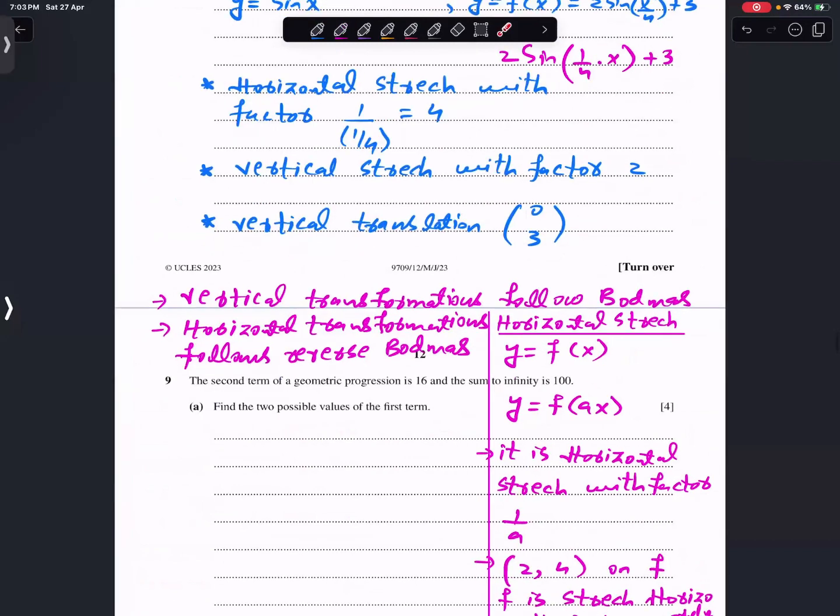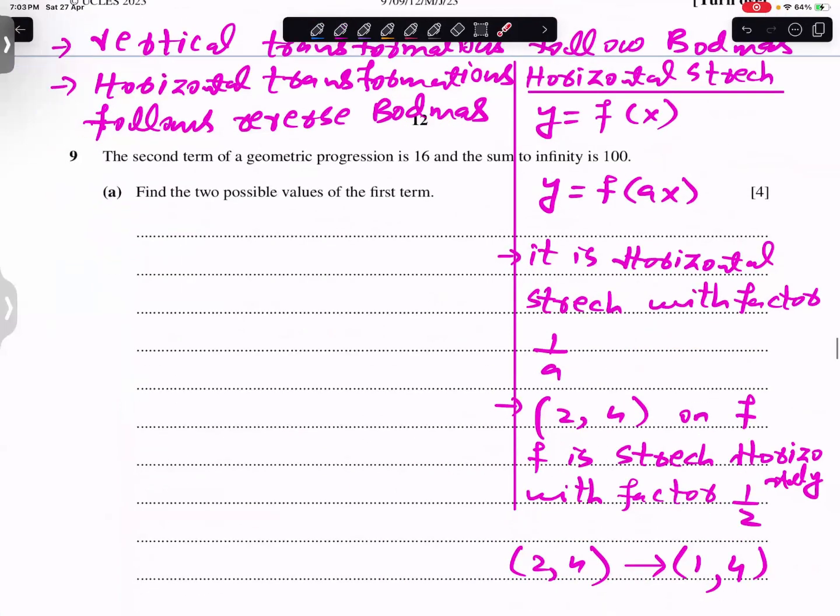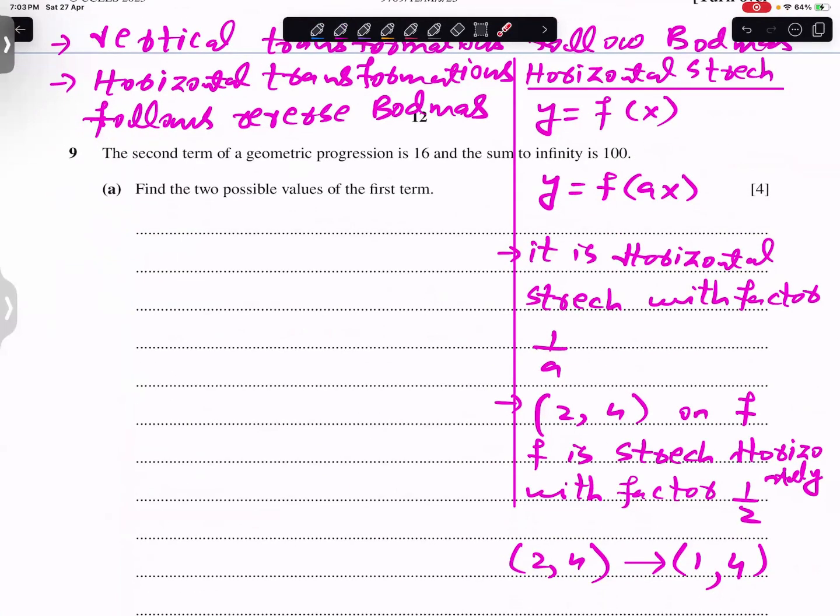Now let's come to question 9. The second term of a geometric progression is 16, and the sum to infinity is 100. The second term of a geometric progression is 16. So A2 is 16.